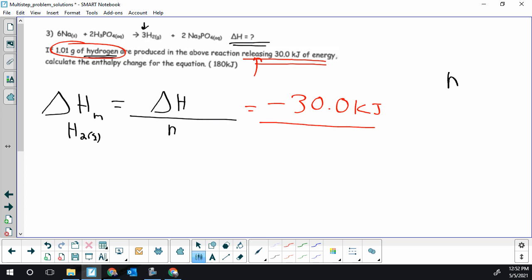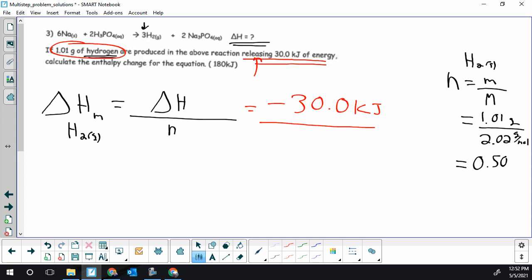Our moles of hydrogen gas, mass over molar mass. That is not a solution, it's a pure substance. 1.01 grams of hydrogen divided by the molar mass, which is 2.02 grams per mole for diatomic hydrogen. So this works out to be half a mole.